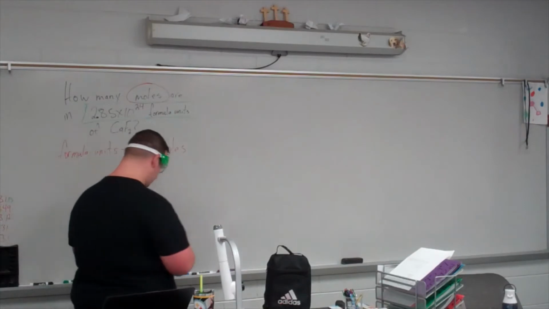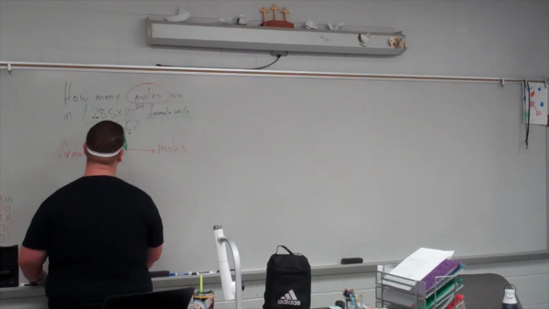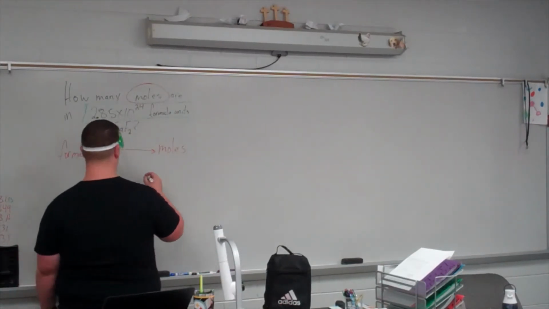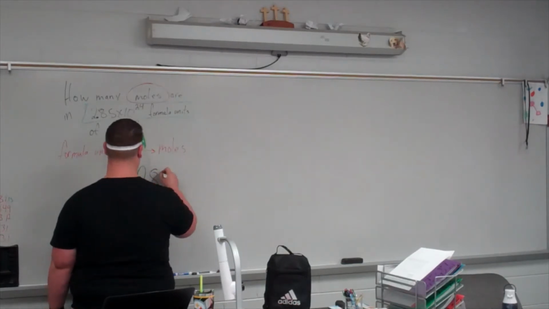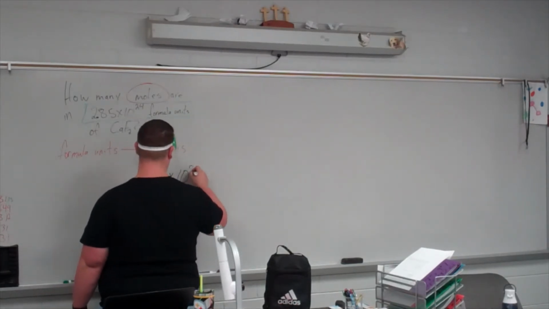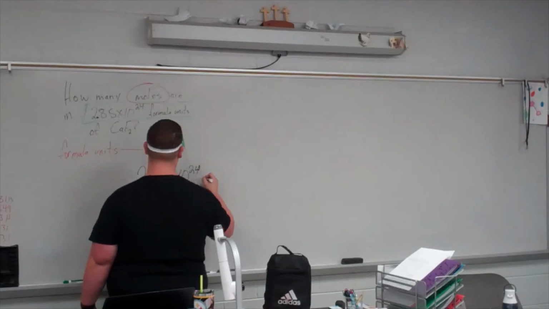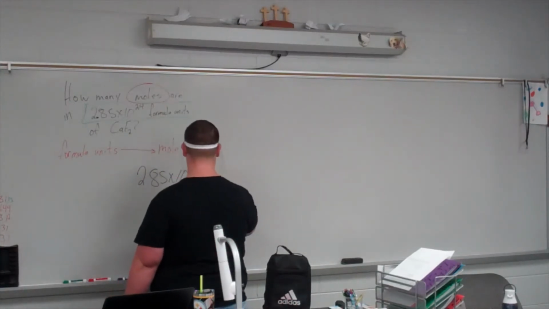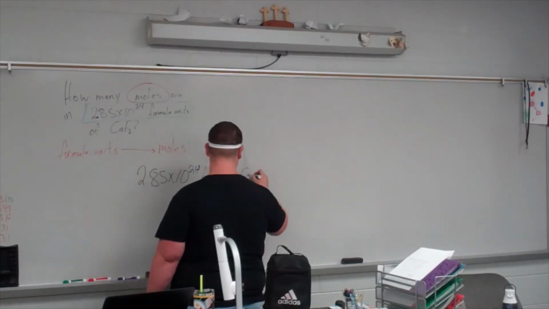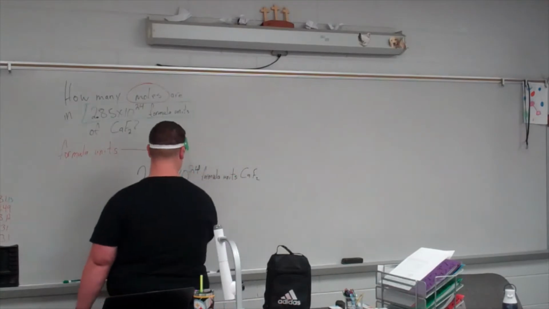Execute the plan. Take our number, 2.85 times 10 to the 24th formula units calcium fluoride, set over 1.